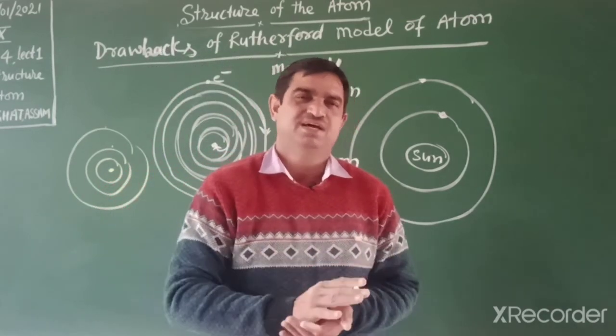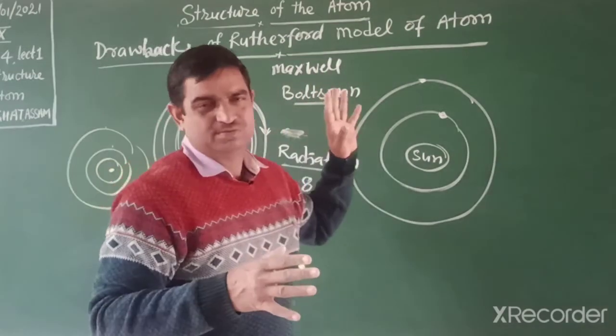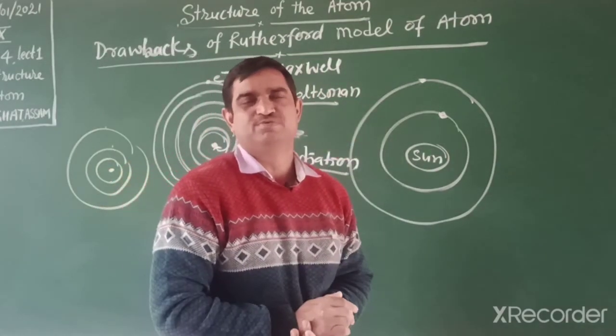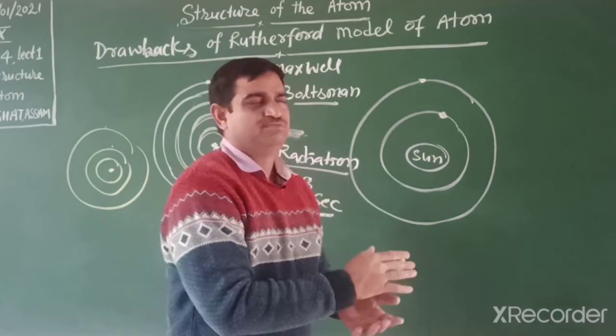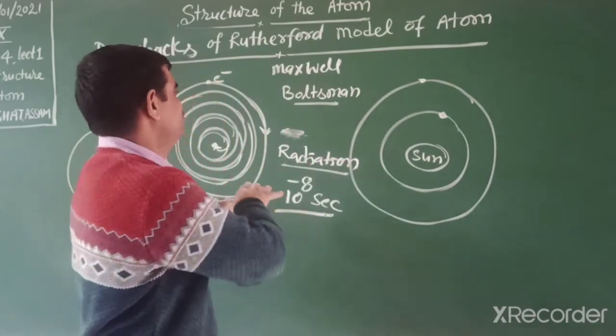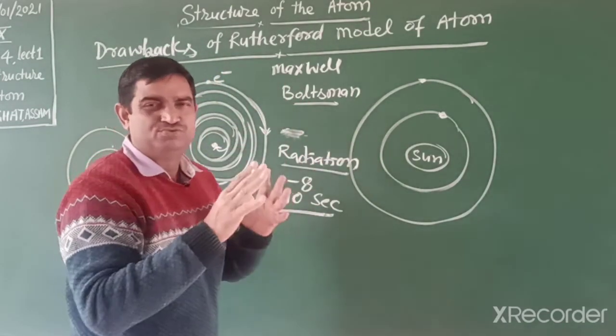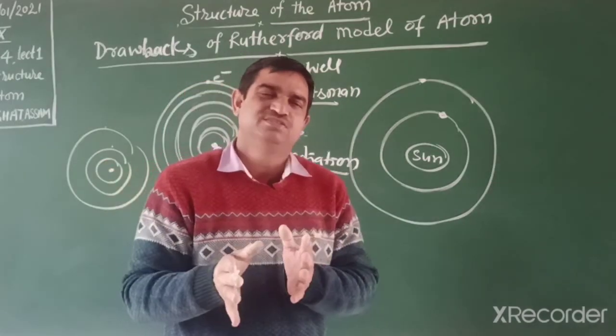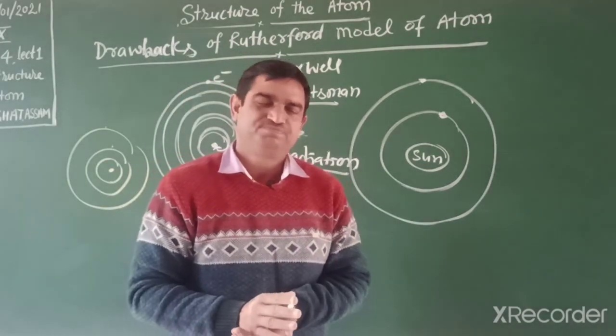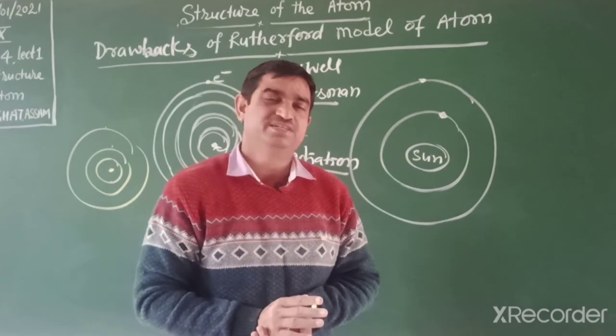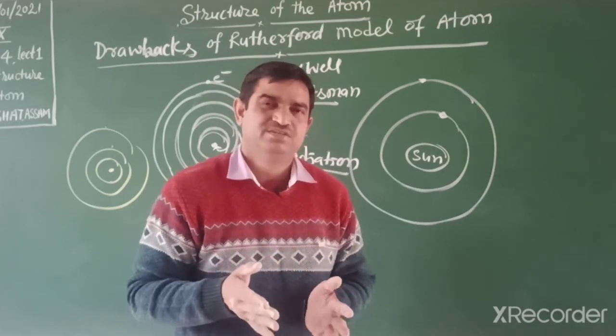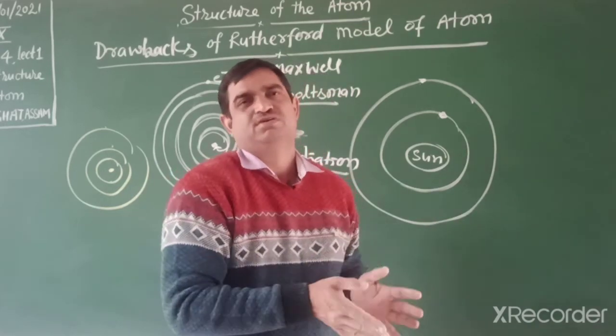In 9th class you can understand that Rutherford could not explain the stability of the atom. Why? Because a charged object revolves, its direction changes, and energy is released as radiation due to acceleration.